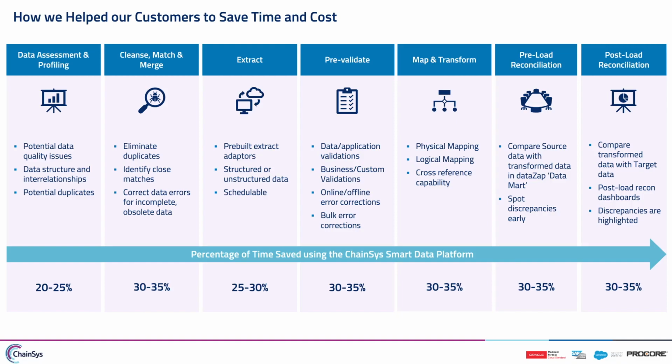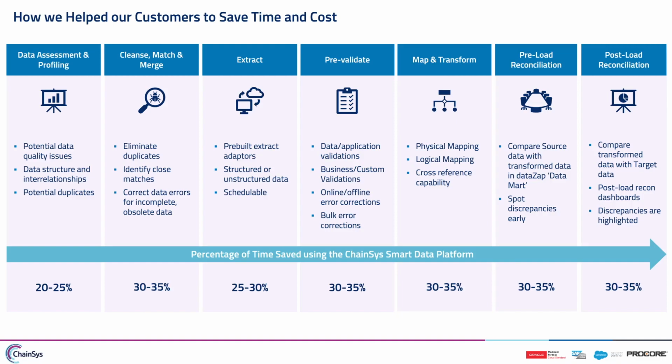We can do online or offline error corrections. People can log into the application and directly correct the data there. If the data volume is huge, or if they are expecting some other team members to correct the data, then they can download it as Excel and distribute it to other team members, who should be able to do the data correction.